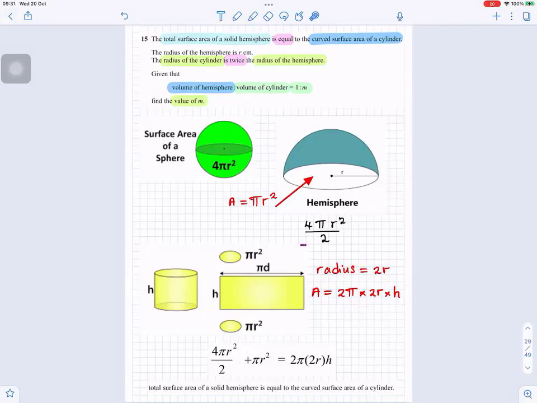So we have total surface area of a solid hemisphere is equal to the curved surface area of a cylinder. So we have 4 pi radius squared divided by 2 plus pi radius squared. The pi radius squared is the area of that circle.